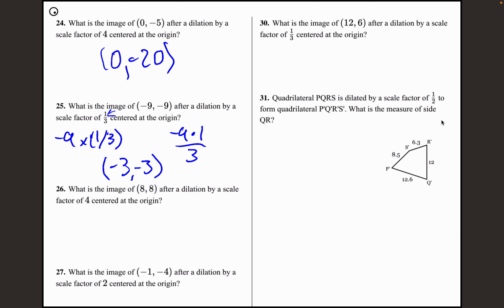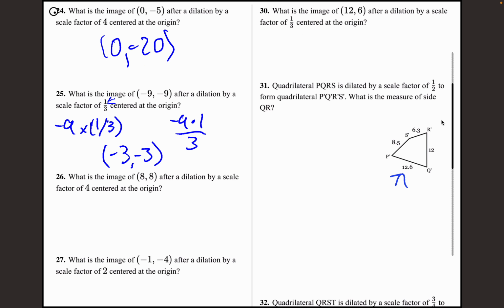Okay, do those seem pretty easy? All right. That's all you do for the scale factors. Now pay attention to these when you're given images. This says quadrilateral PQRS is dilated by a scale factor of 1/2 to form quadrilateral P'Q'R'S'. Do you notice when it gets the new image, it adds these apostrophes after the letters?